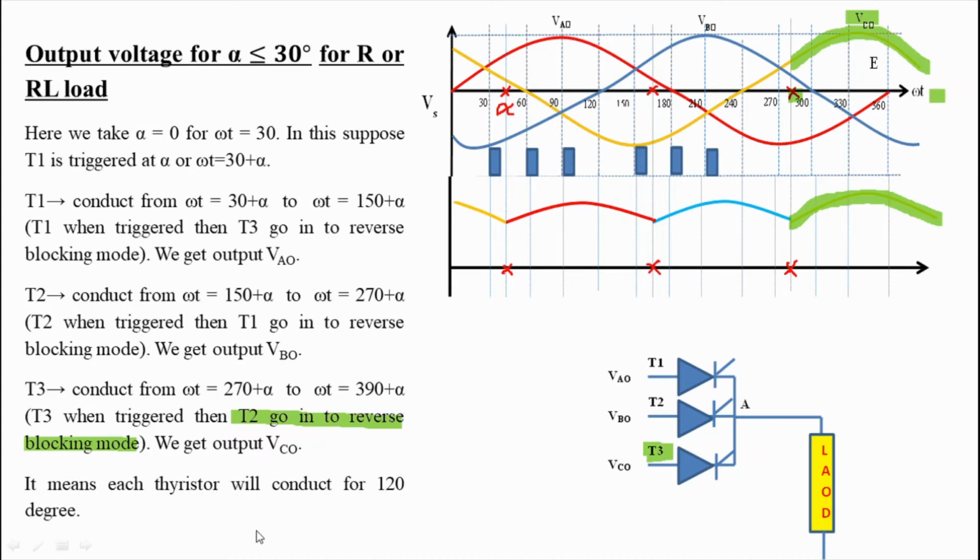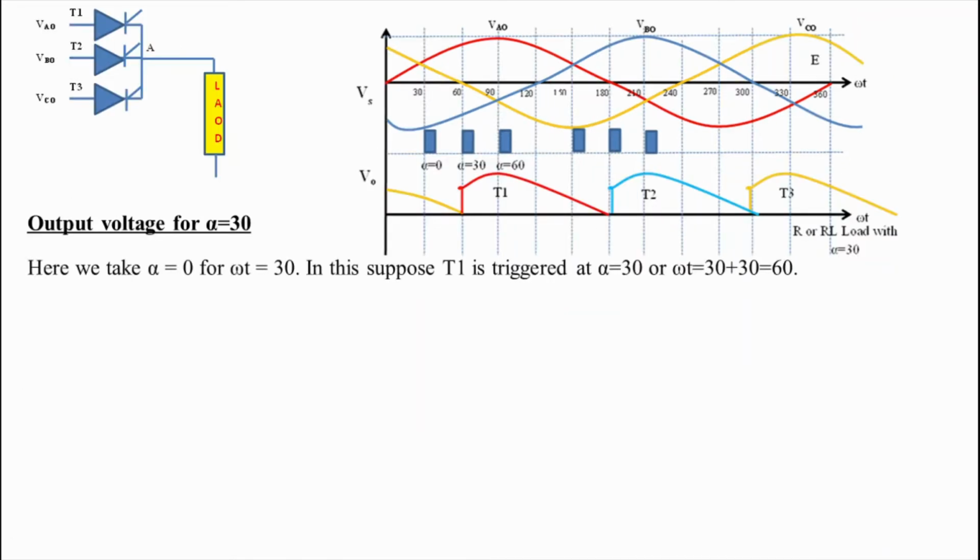Now we will see the rectifier operation for alpha equals 30 degree for the R load. Here alpha is equal to 30 degree, so omega t equals 30 plus 30, that is 60 degree. Why is it so? Because here we take alpha equals 0 for omega t equals 30 degree.